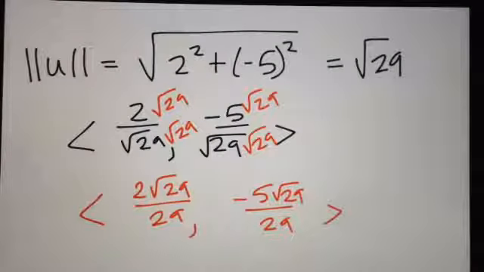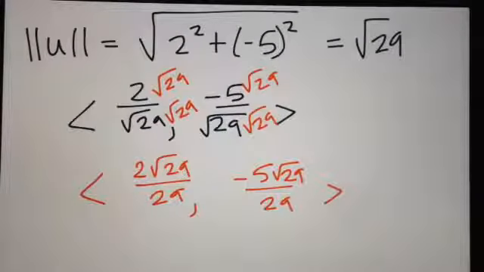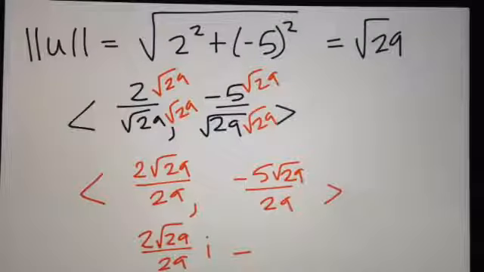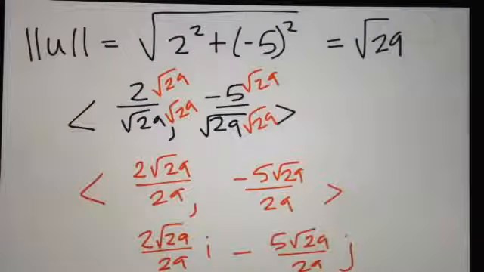And so now if I write this in ai plus bj form, then it's going to be 2 square root 29 over 29 i minus, because that was a negative number, 5 square root 29 over 29 j.